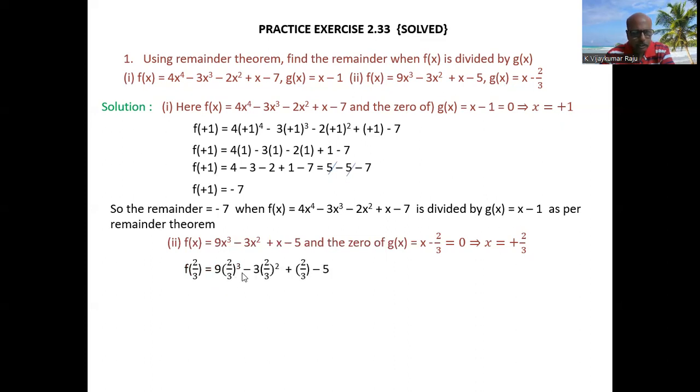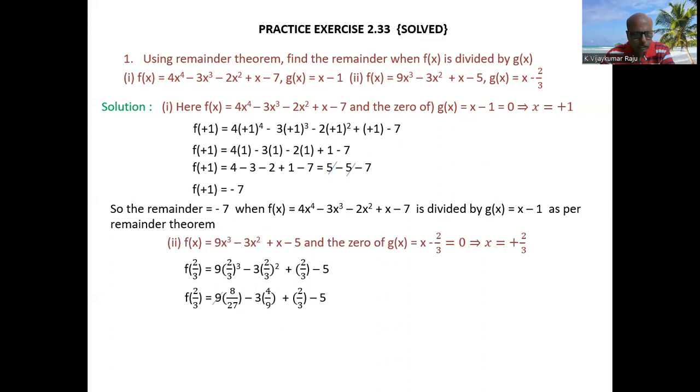Put the values 2 upon 3 raised to 3 minus 3 into 2 upon 3 raised to 2 plus 2 upon 3 minus 5. Now 2 raised to 3, 2 into 2 into 2 is 8. 3 3s are 9, 9 3s are 27. 2 square is 4, 3 square is 9. 9 into 8 upon 27 minus 4 upon 9 plus 2 upon 3 minus 5.